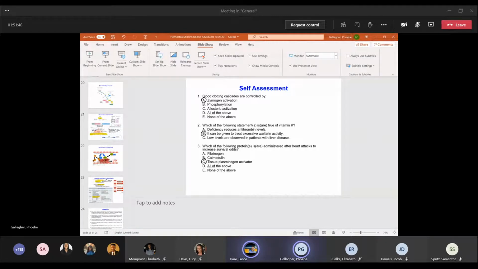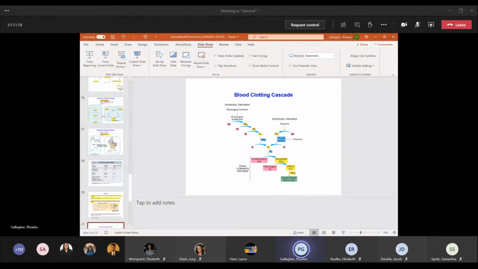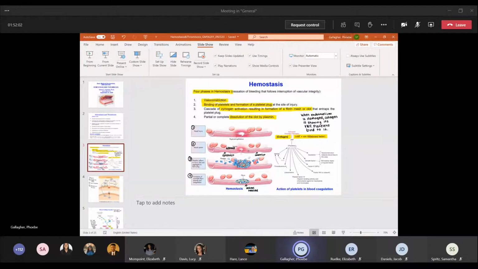Yeah, so aspirin, you said, is an antiplatelet, and we don't have to know about aspirin because right now we're just talking about the zymogen pathway. The first slide shows you the 3 steps in blood clotting. The second step that's super important is the formation of platelets.